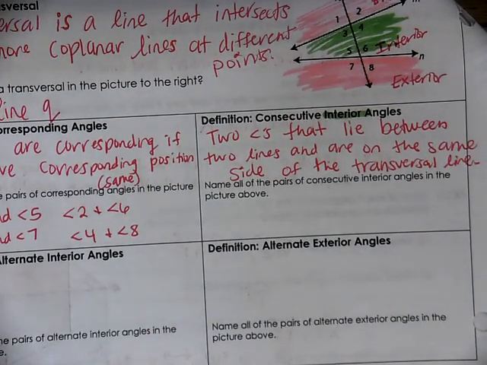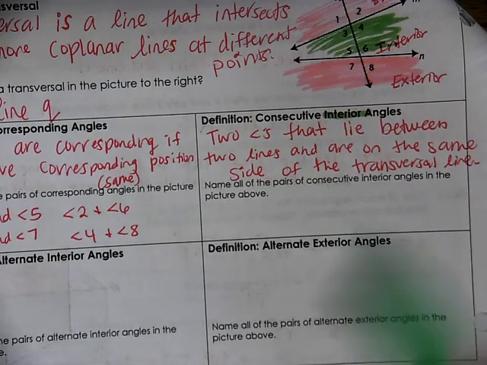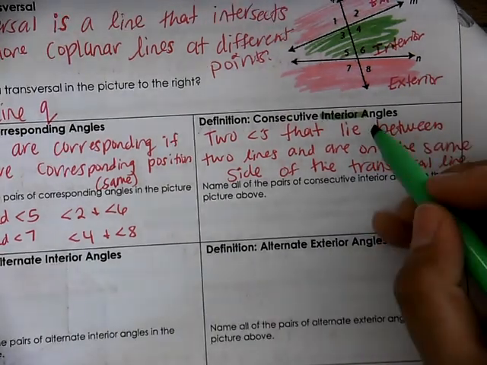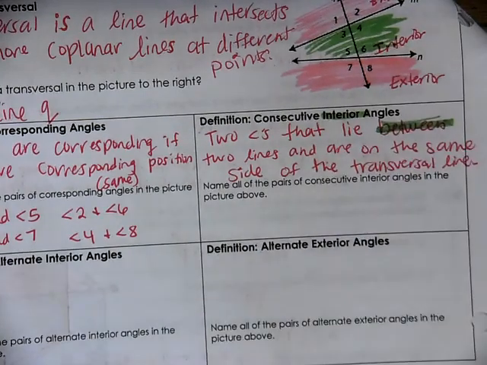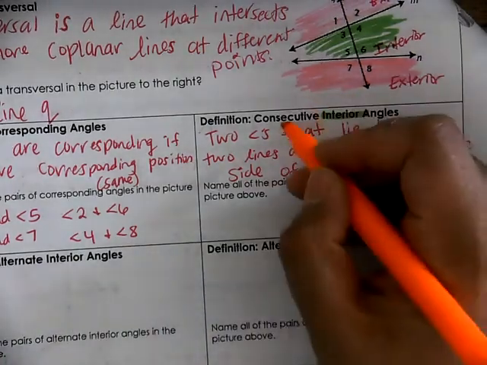Okay, so still talking about 2 angles. Again, I'm going to highlight some words that would be helpful to understand. In green, I'm always going to highlight anything that's talking about interior. So I'm going to highlight the words lie between, basically showing that it's happening inside or between these 2 lines, interior. And then the word consecutive actually means same side.